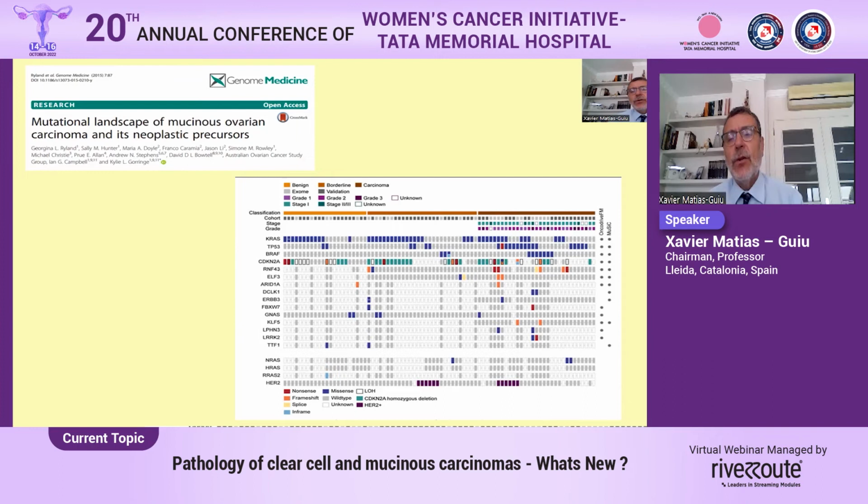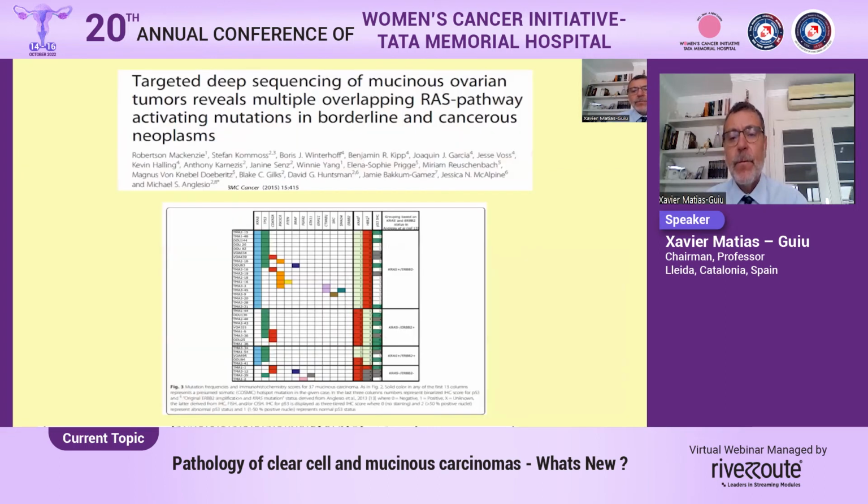I have just selected 2 of them, showing that KRAS is still the most frequent abnormal gene, that there is a subset of tumors that have p53 abnormalities, and then HER2 is also frequently amplified in this tumor. This is another paper emphasizing the fact that KRAS mutations and HER2 amplification can sometimes be mutually exclusive, but sometimes can coexist.